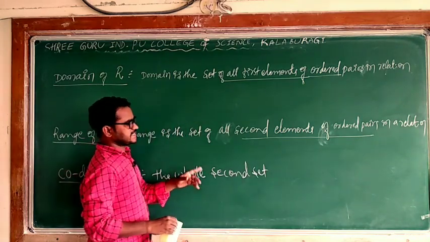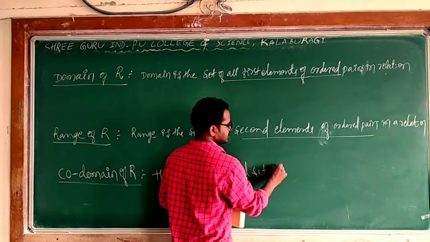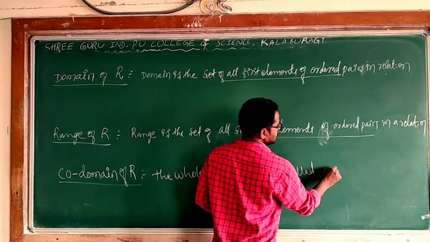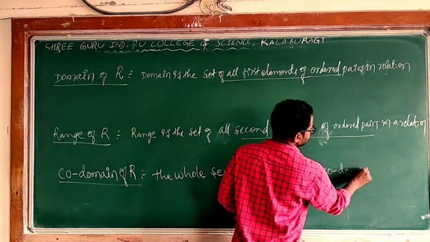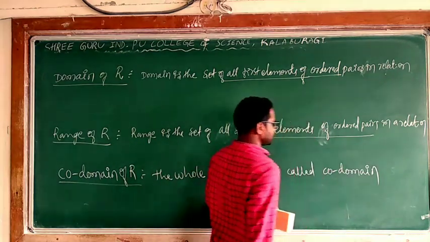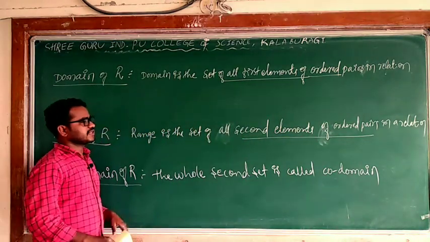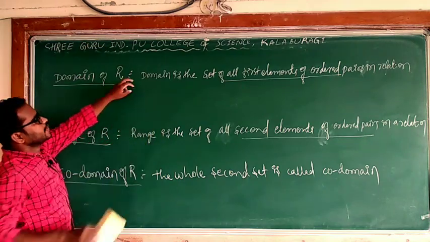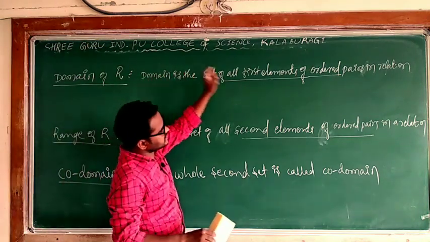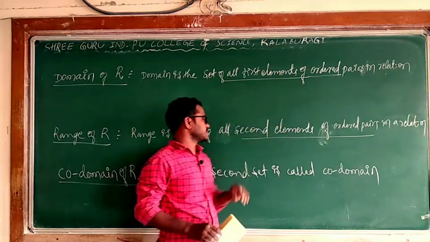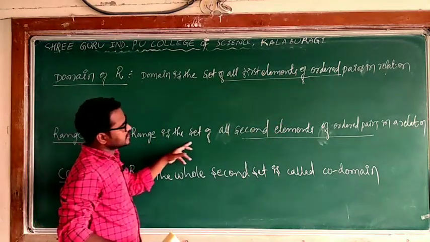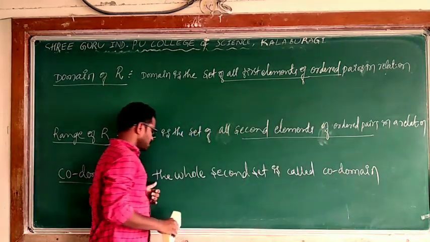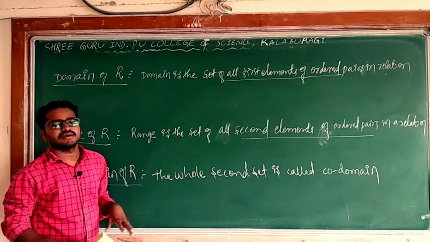The whole second set is called codomain. So I will take one example. According to that you can find it very simply. Domain is the set of all first elements of the ordered pairs in the given relation. Range is the set of all second elements of the ordered pairs in a given relation. The whole set is called codomain.